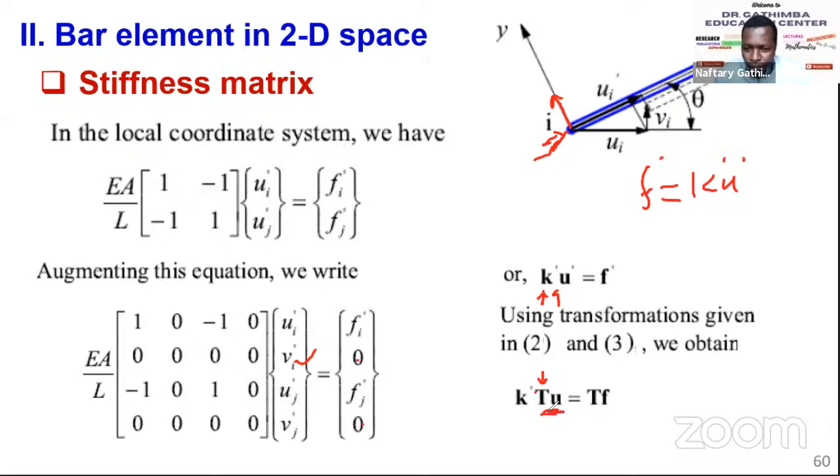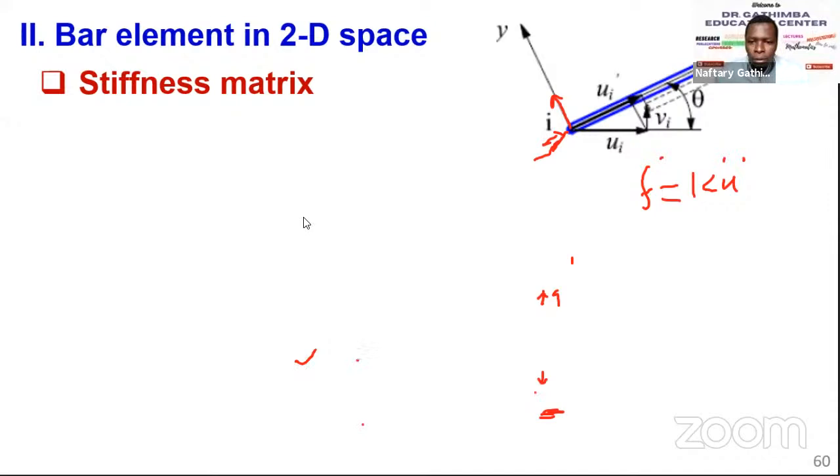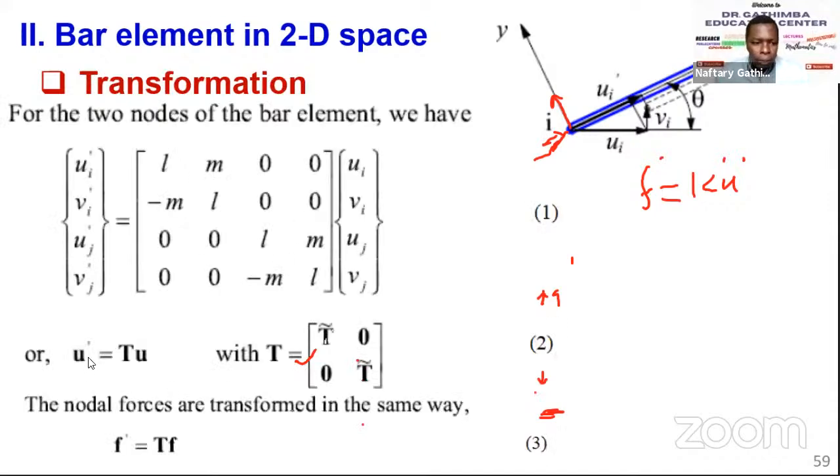We want to get away from the local coordinate system, local values, to global values, so that we can assemble our matrix for different elements oriented in different directions. So in this case, we just pre-multiply the displacement. If you can just go slightly backward, yeah, this equation here, equations 2 and 3.